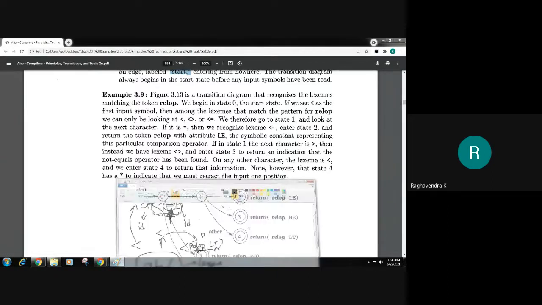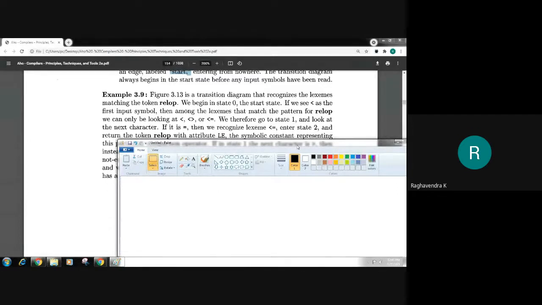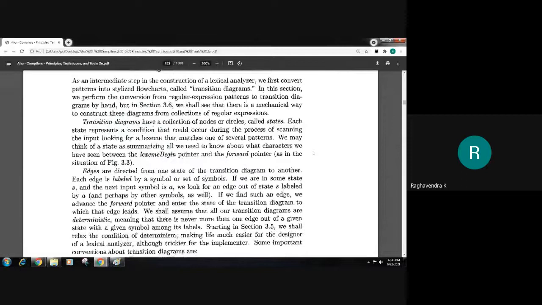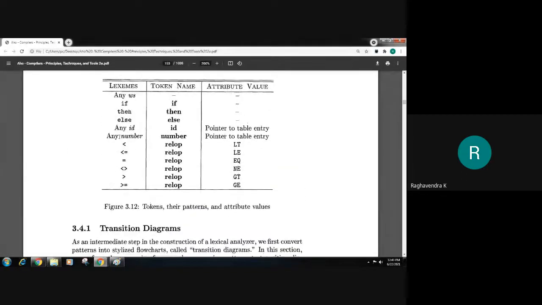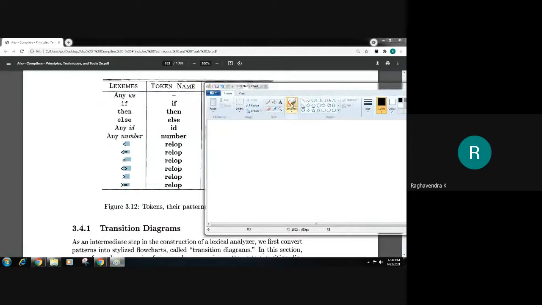So how do we write a transition diagram? First of all, we need to be familiar with what we are supposed to do, so I'll go back to the table that we were considering. These are all the things that I can come across. Let me assume that this is the start state.